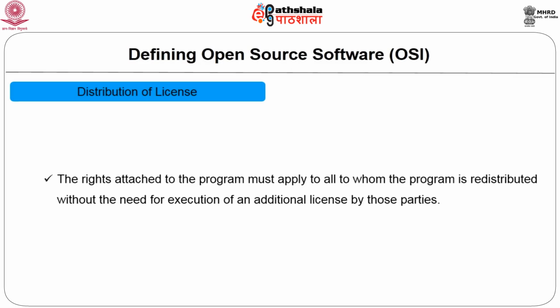If there is an application, the license must be applied to the entire application. The group whoever is using the license can use a single license for the entire software. They can redistribute the software using the same license. There is no need of using additional licenses.